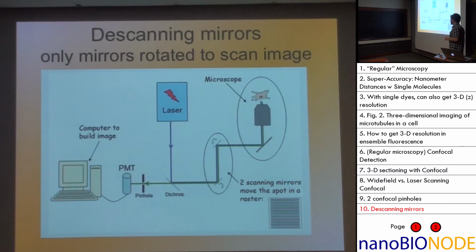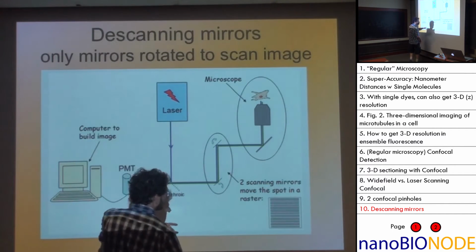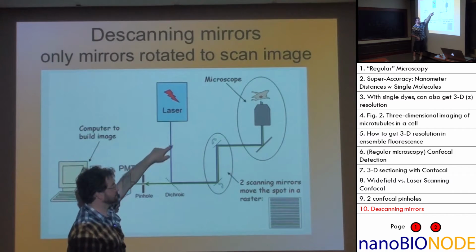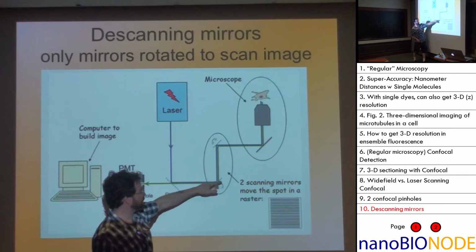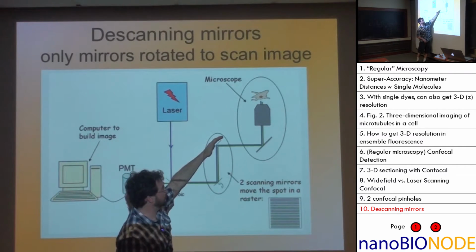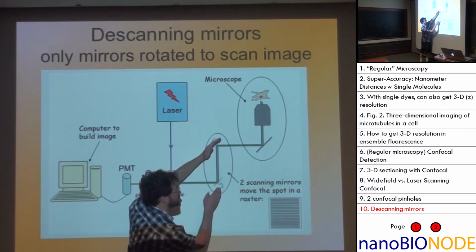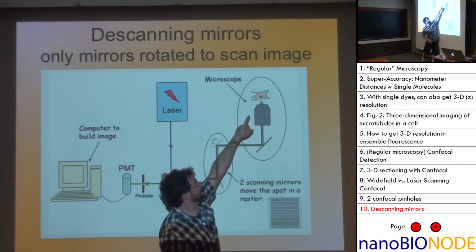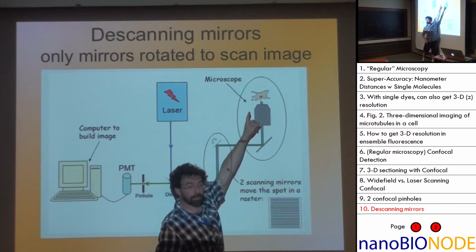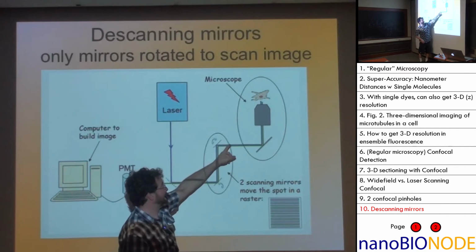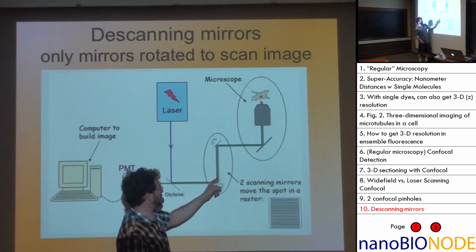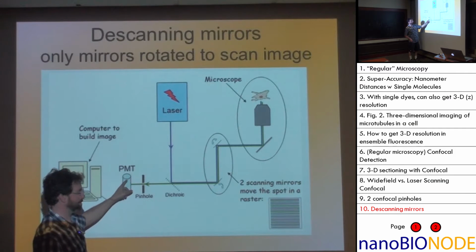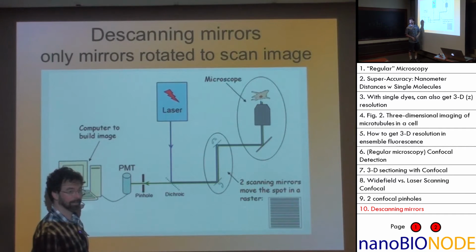What they use is in general two rotating mirrors, and they have a laser coming in here. It hits off of the one mirror and then a second mirror. Each of these can be turned. Then it goes into the objective. It's formed a diffraction limited spot over here, and then it comes back out and gets through a pinhole and is detected.